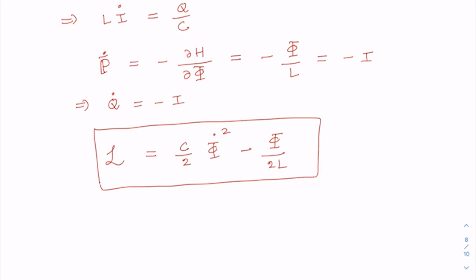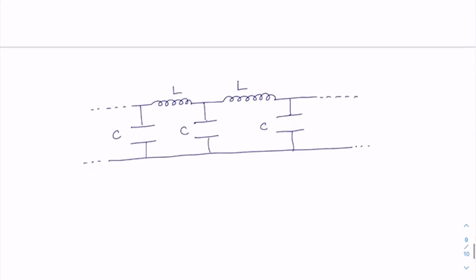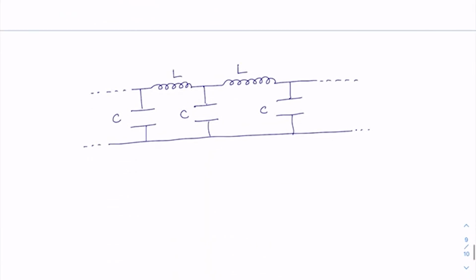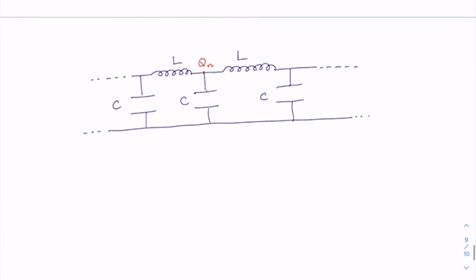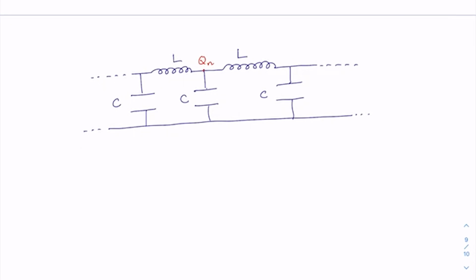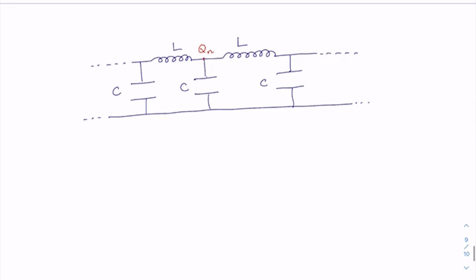Now going back to our transmission line, let us propose Qn, charge, as our coordinate and see what happens. As you know, the Lagrangian for the basic unit cell of this transmission line, which is the LC circuit, is written like this: L is equal to half L i square minus half Q square by C. Here L represents the inductance.